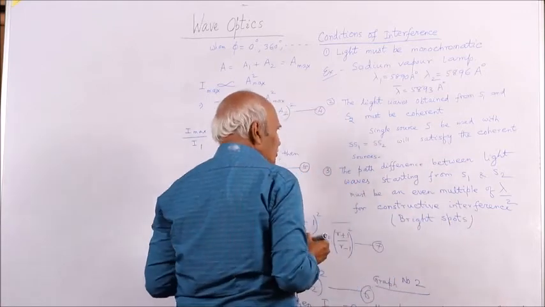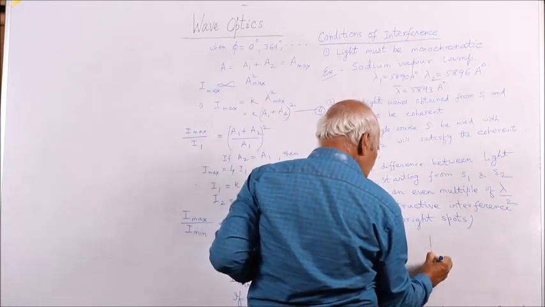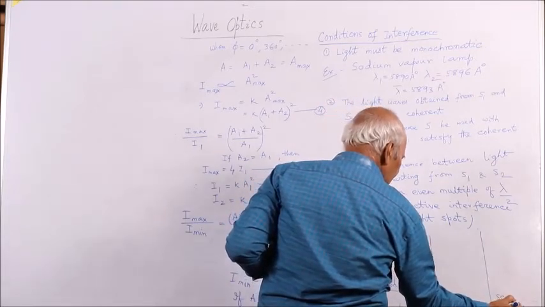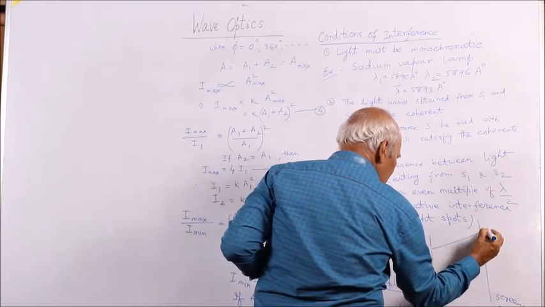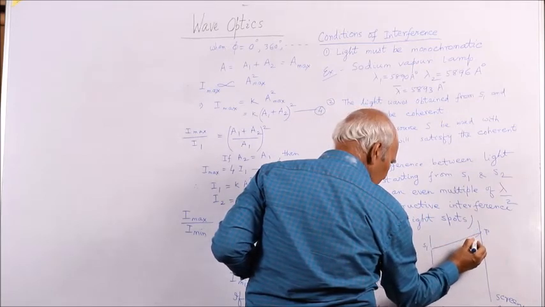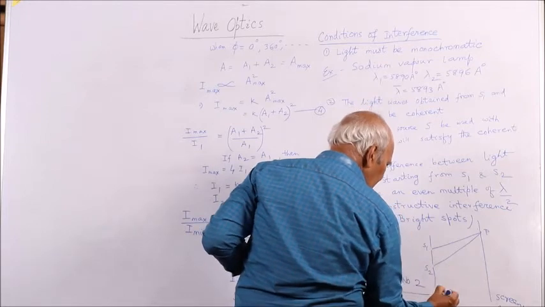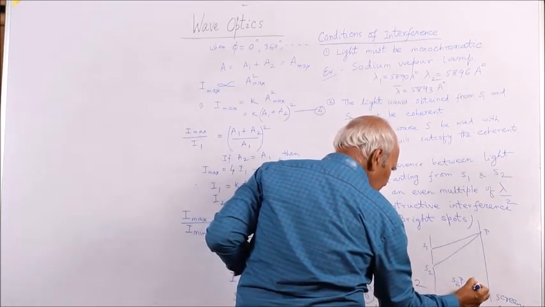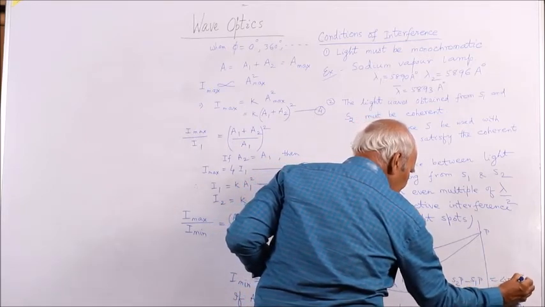For bright spots, the path difference. So, what is the meaning of path difference? This is the screen. This is the point P on the screen. Then S2P minus S1P is equal to delta, that is the path difference.